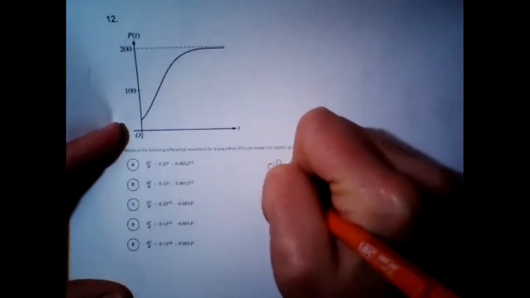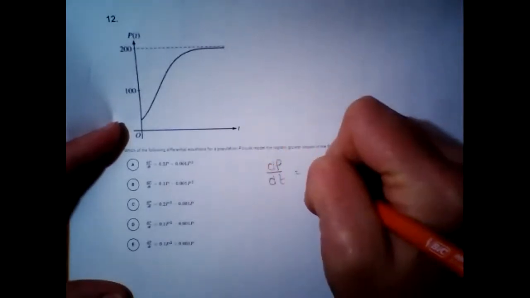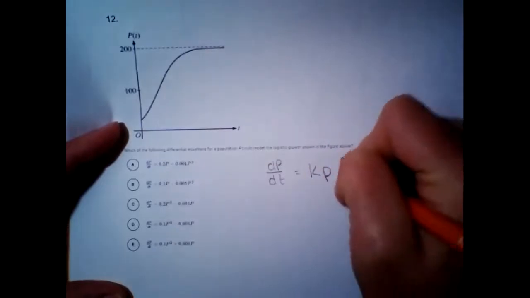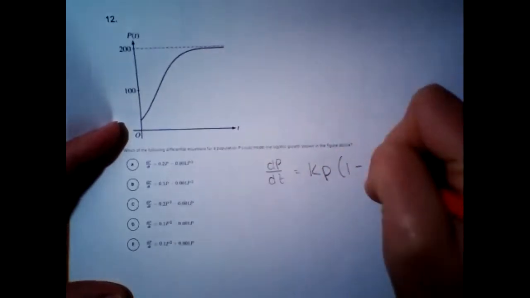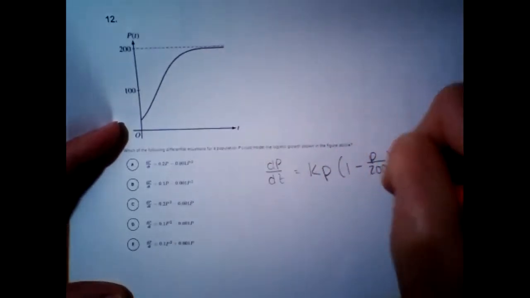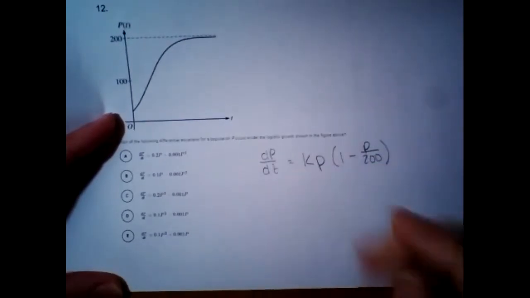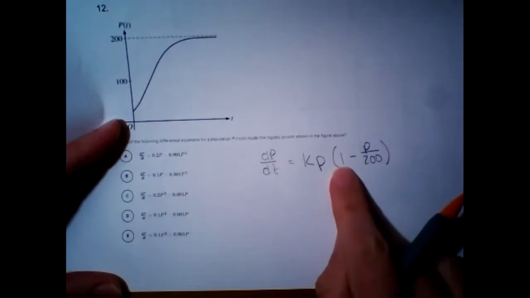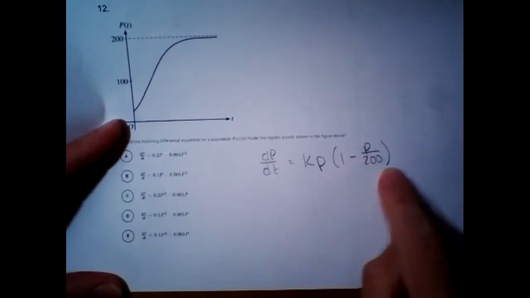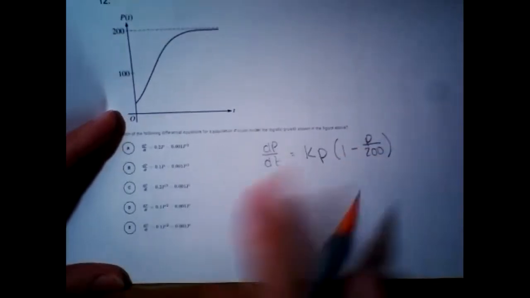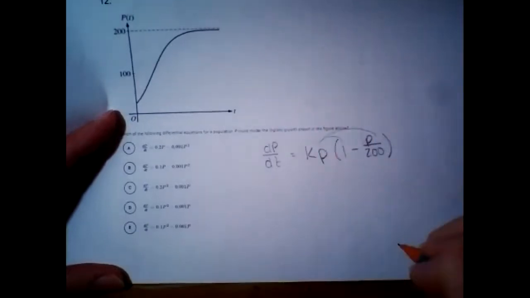So dP/dt is going to equal kP(1 - P/200). So 200 is the carrying capacity. So you have k times the population, and then 1 minus P over the carrying capacity. So what they've done here is distribute this through.